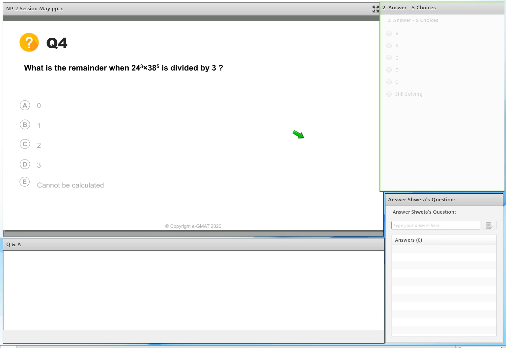Let's discuss this. When I tell you the solution for this, you'll realize something which is very, very important. What is the remainder when this expression is divided by 3? Now, a lot of you might have tried to apply what you just learned in the previous slides about how you can separately find the remainders and then multiply or add, whatever be the operation.